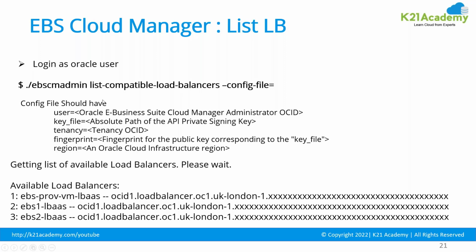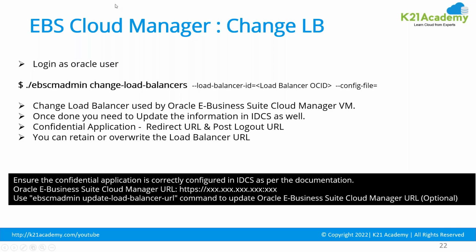And apart from that, I can also change the load balancer. Suppose I want to change the load balancer, maybe because of the load balancer IP address, or I have created and allocated a new IP address, or I want to have a lower size load balancer, I can go ahead and change the load balancer from the EBS Cloud admin.